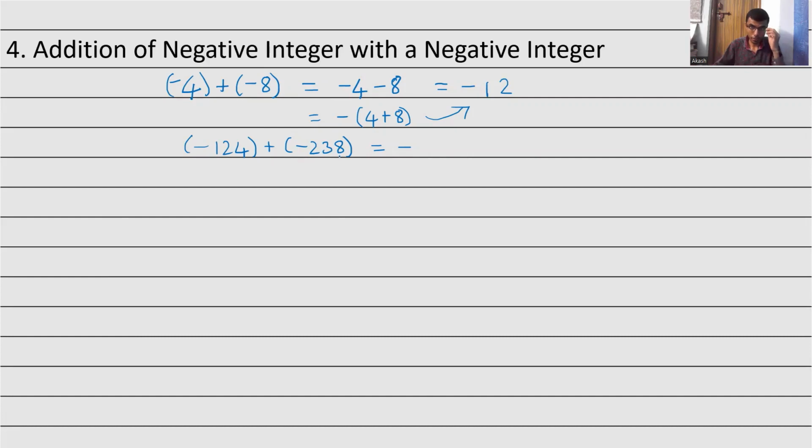Whatever is comfortable for you. If you feel you can remember that the final answer is going to be negative, it's fine. Otherwise, just put a minus at the beginning. And then let's come to the basic addition. 4 plus 8 is 12. 1 over here. 1 plus 2 plus 3 is 6. 1 plus 2 is 3. So my answer is going to be minus 362.